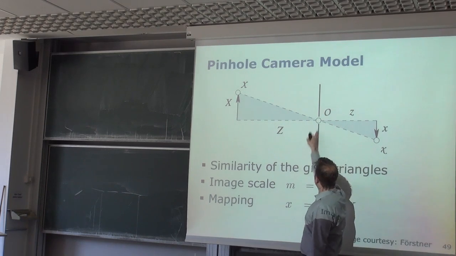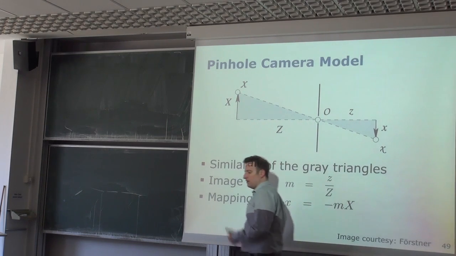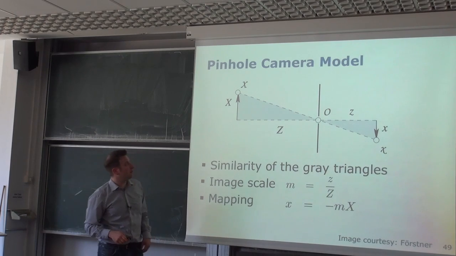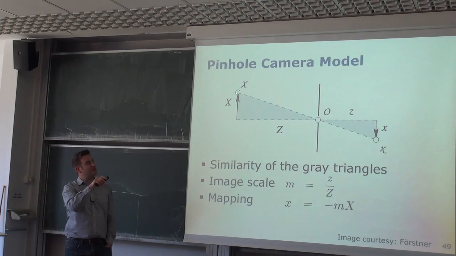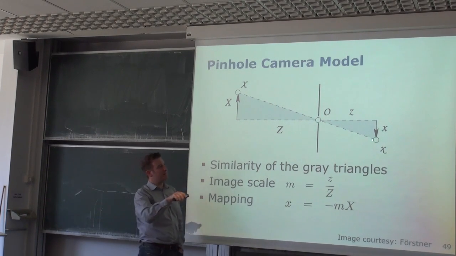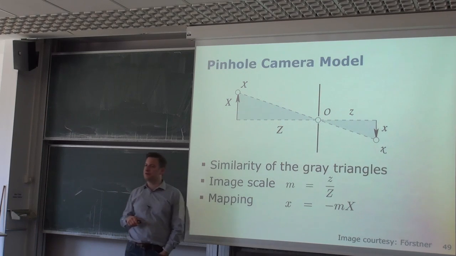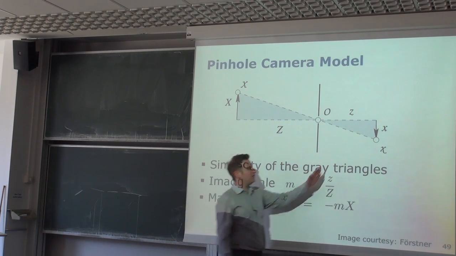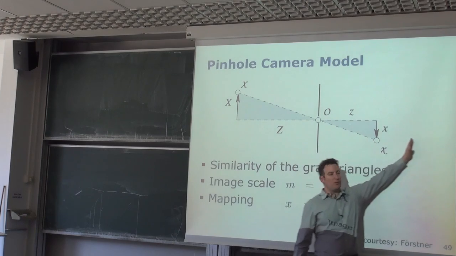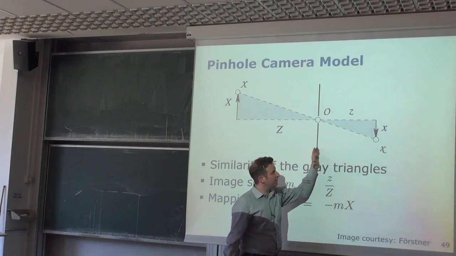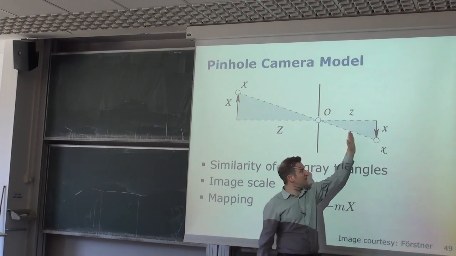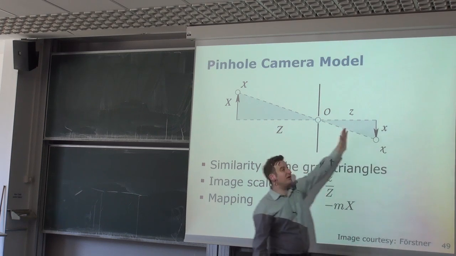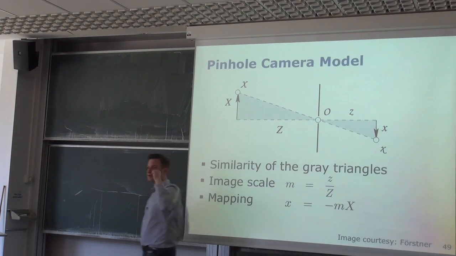This is our barrier, our hole or pinhole, and we see that this point gets mapped to this point down here. The first thing we can see is that, depending on how far we are away from the barrier, this distance Z, the image gets larger or smaller.